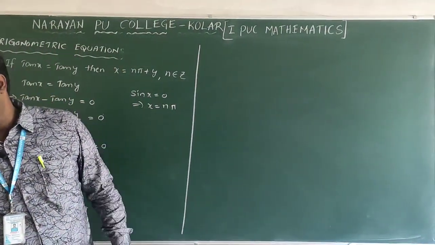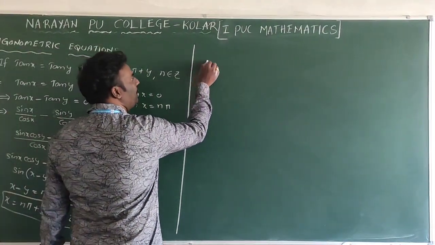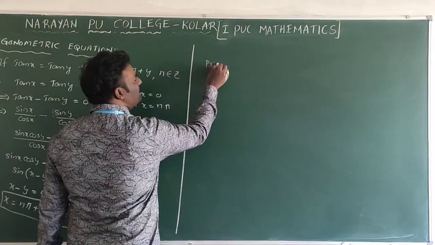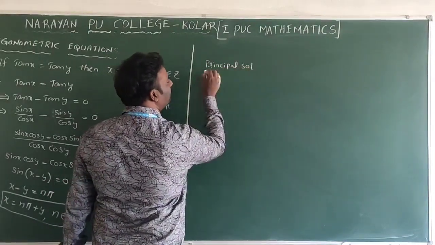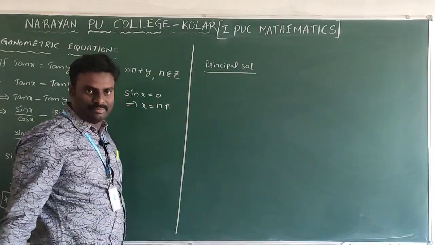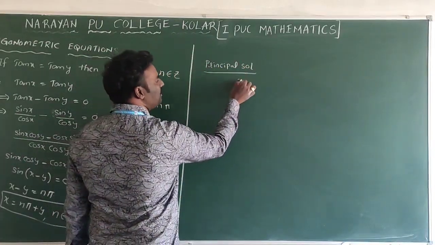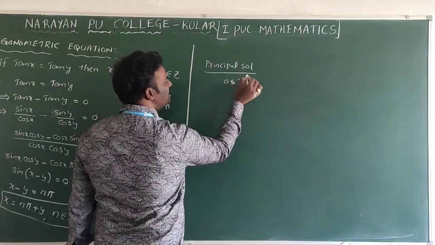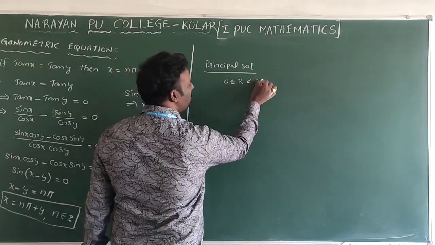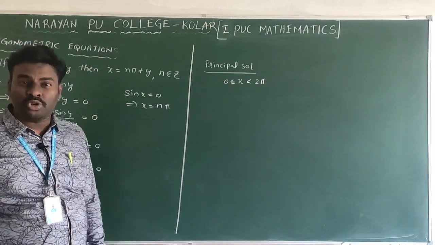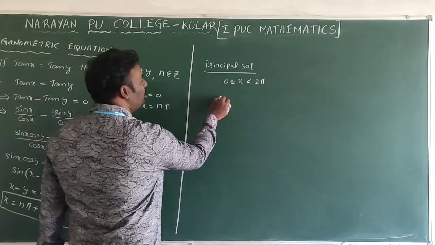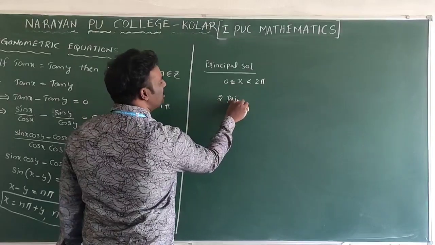And one more important point: when the question is asked for principal solution, you need to remember x value lies in the range 0 less than or equal to x less than 2 pi only. How many principal solutions will exist? 2 principal solutions will exist.